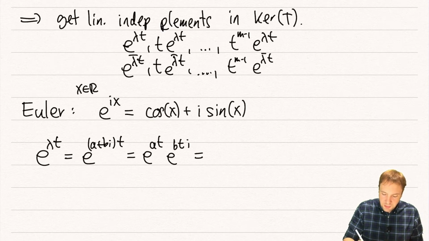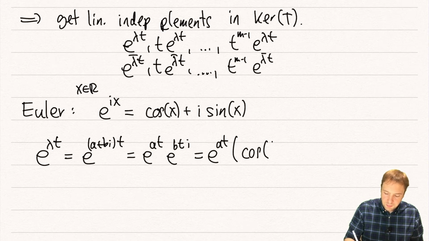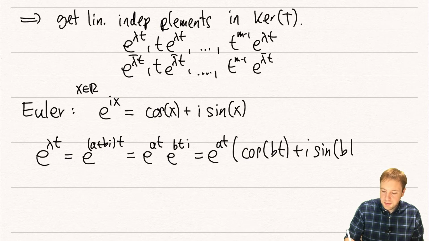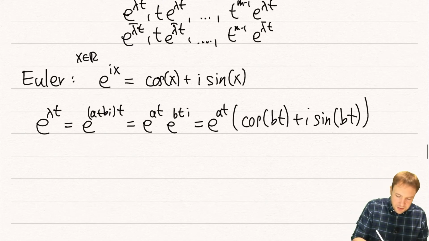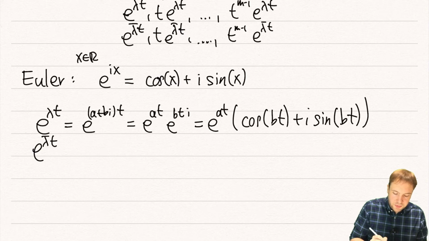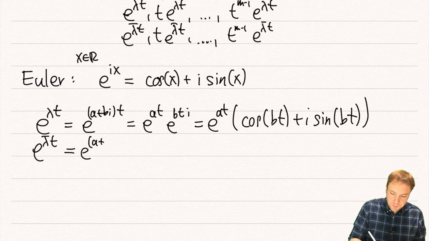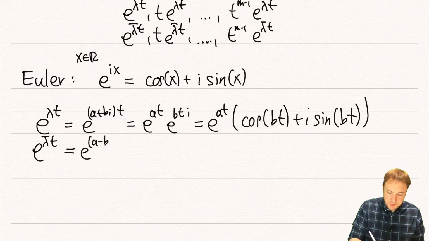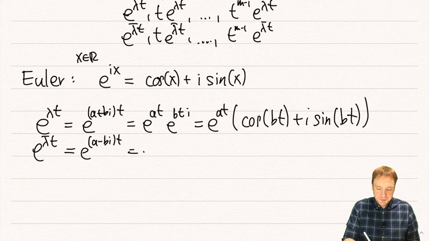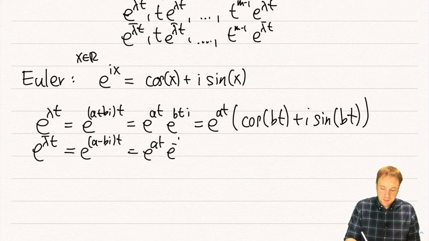And now we can use Euler and see that this is e^(at) times the cosine of bt plus i times the sine of bt. And the same I can do for the complex conjugate, e^(lambda bar t). So this is e^((a minus bi)t), this is e^(at) times e^(minus bti).